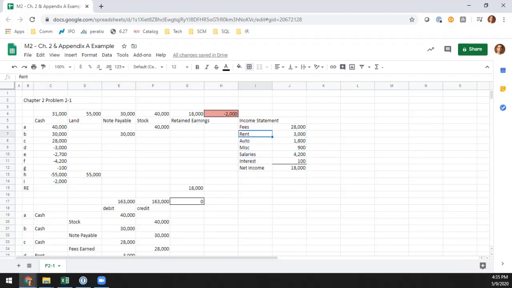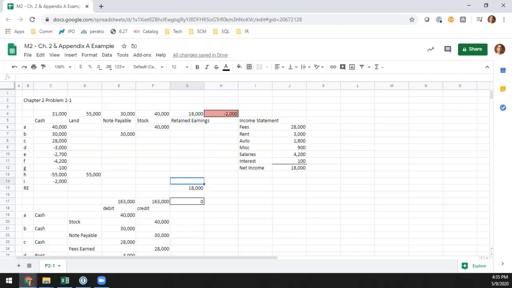But a dividend doesn't get paid unless you have income, generally. So a dividend always comes out of your retained earnings balance, not from your income statement. Again, your income statement affects your retained earnings, but your dividends come directly from retained earnings. They're not a pass-through from your income statement.